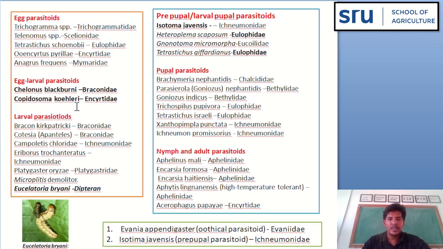Chelonus blackburni, Braconidae, Copidosoma koehleri, Encyrtidae. Larval parasitoids: Bracon kirkpatricki, Braconidae, Cotesia species, Braconidae, Cosmopolites, Ichneumonidae, Eriborus trochanteratus, Ichneumonidae, Platygaster oryzae, Platygastridae, Microplitis demolitor. Then Eucelatoria bryani, it is a dipteran larval parasitoid.